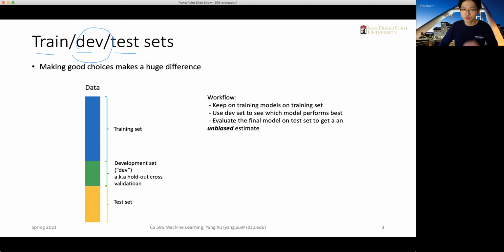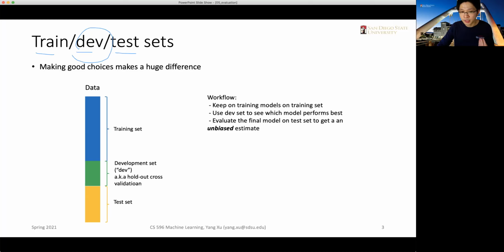But the training set and the dev set are used in the training stage. The test set is only used after the training stage is done, when the optimal models are already selected, when the optimal parameters are already fixed. So you can evaluate the final model on the test set.